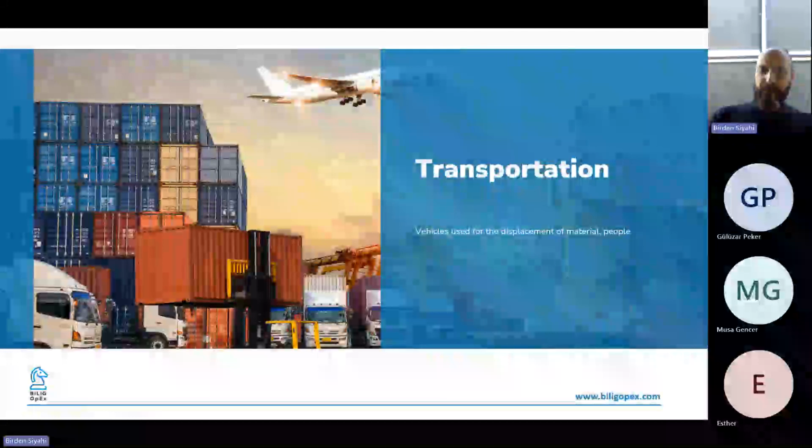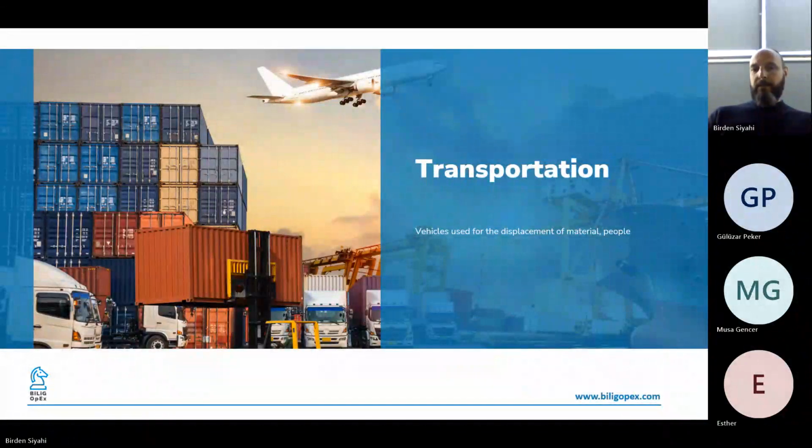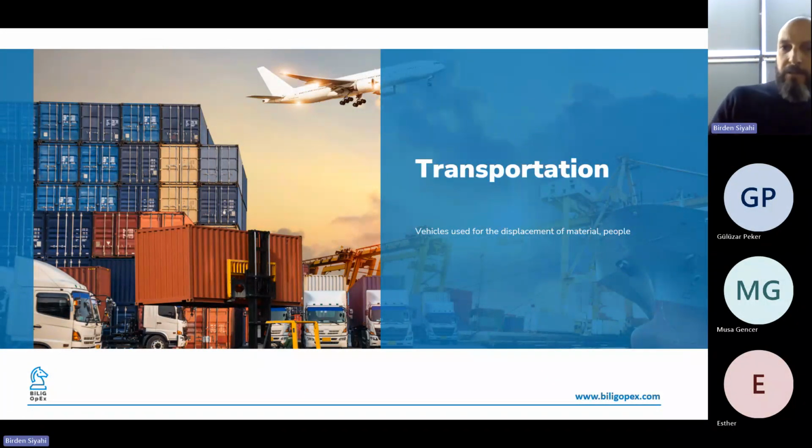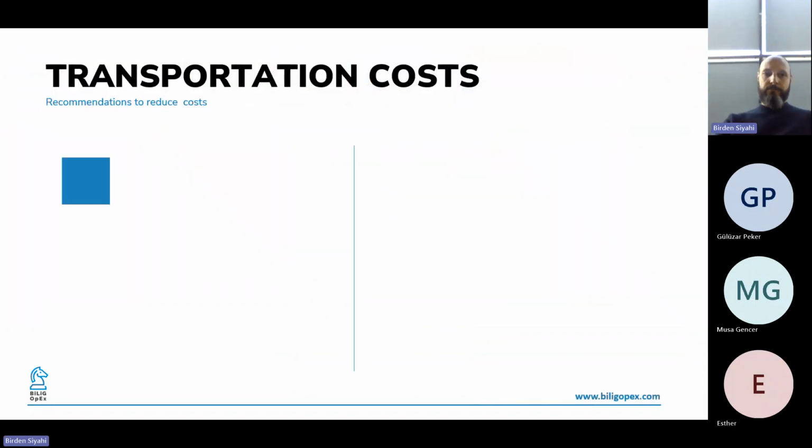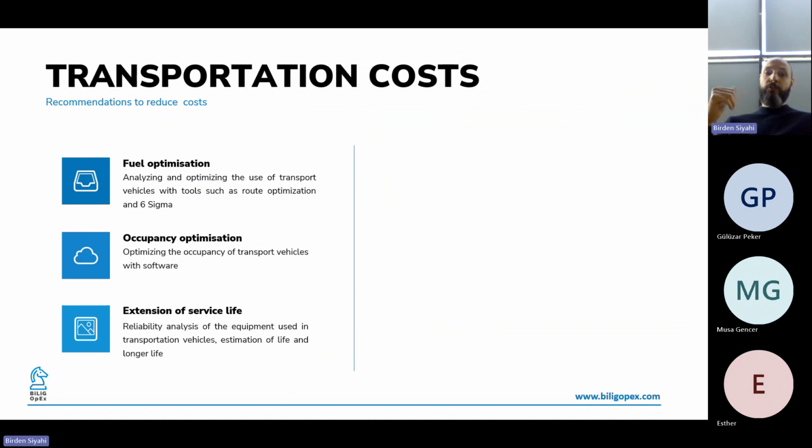For the transportation, I think this is the last one. Any type of vehicles used for displacement of material and people can be thought of as transportation. So what do we have as transportation costs? For example, you can use Six Sigma methodologies or route optimization softwares to optimize your fuel usage.